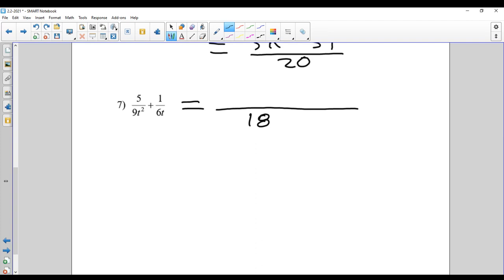All right. So the suggestion we have is that part of this common denominator is going to be 18. That's the numerical part. Now let's talk about the variable part. We have two variables. One is t squared and one is t. They look similar. They're both t, but one is squared. You have a question? Would it just be t to the power of 3? Interesting. What were you going to say?